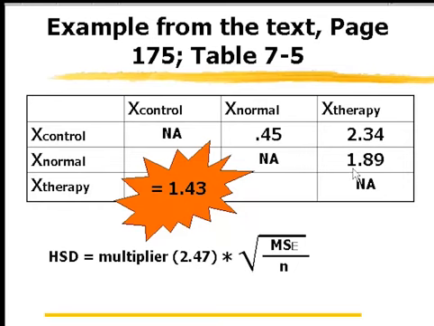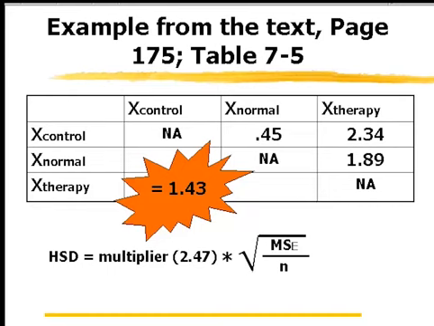The 1.89 is greater than 1.43 and the 2.34 is greater than 1.43. So under this circumstance, persons who were treated with replacement hormone therapy had higher values of free T4 than control patients and those who are considered to be the normal group.